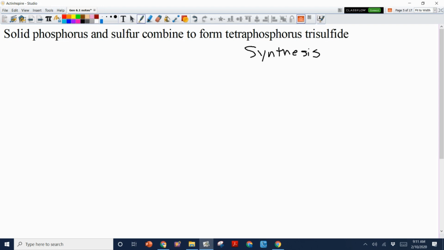So we have phosphorus, and this is written as P4, and there's no way that you would know that. So if it's a case like this where there's no way just by reading that you would know the formula, then it's going to be given to you. I know just from experience that that's P4.